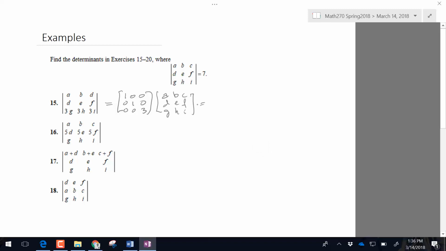So this is going to be the determinant. They use vertical lines for the determinant, so I'll do that as well. So the first one is going to give you a value of 3, and then the second one is the original matrix. So the determinant of that is 7, so this is going to be 21.